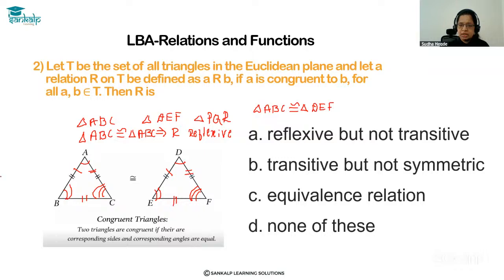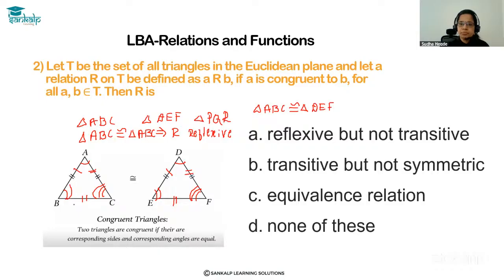So if triangle ABC is congruent to triangle DEF, corresponding sides and angles of ABC and DEF are equal.